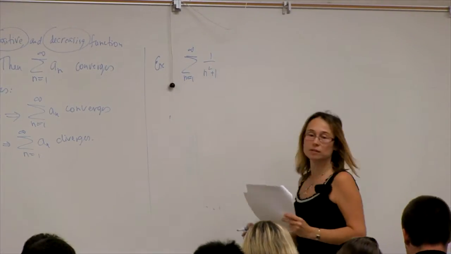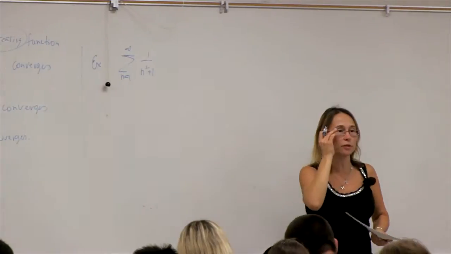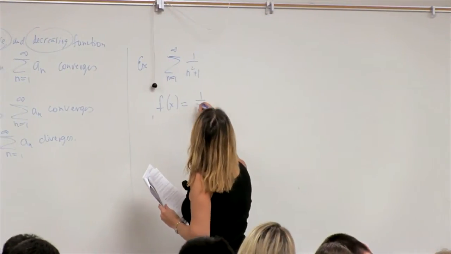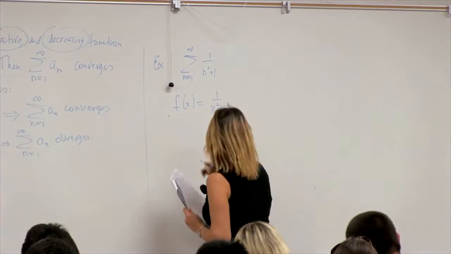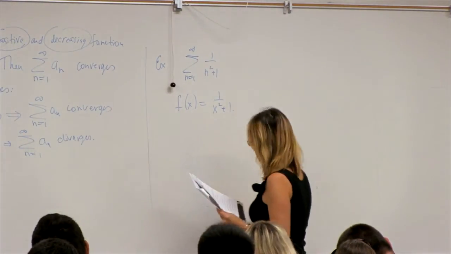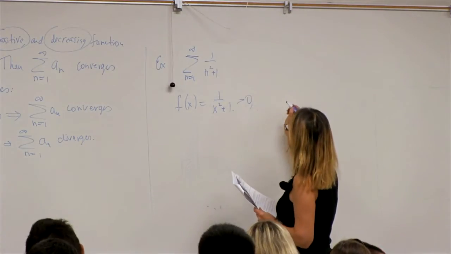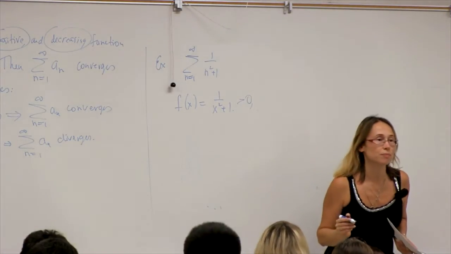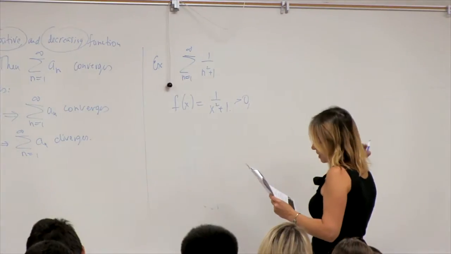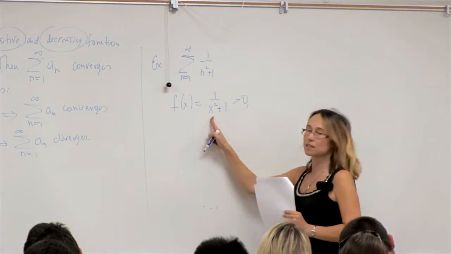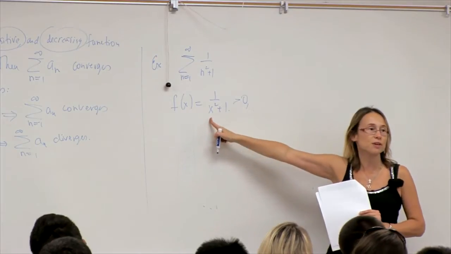Okay. The question is, does it converge or does it diverge? So we look at f of x. Clearly it's positive, right? That's good. Does it decrease or not? Yeah, it's pretty easy to see that as x increases, this function decreases.